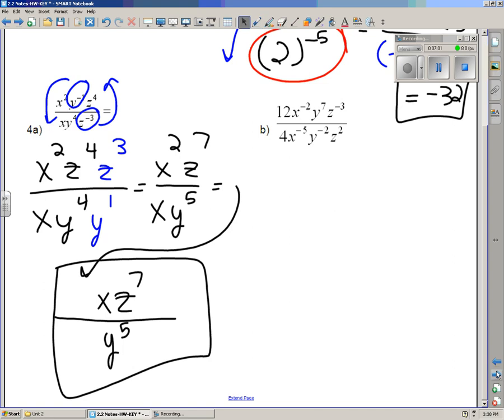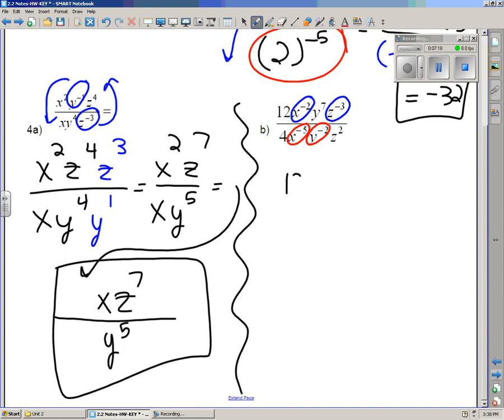On 4b, again, just worry about the negative exponents: x to the -2, z to the -3. I'm going to color code this one: x to the -5, y to the -2. What doesn't move is what wasn't circled. In the numerator, 12y^7 over 4z^2, no negative exponents there.